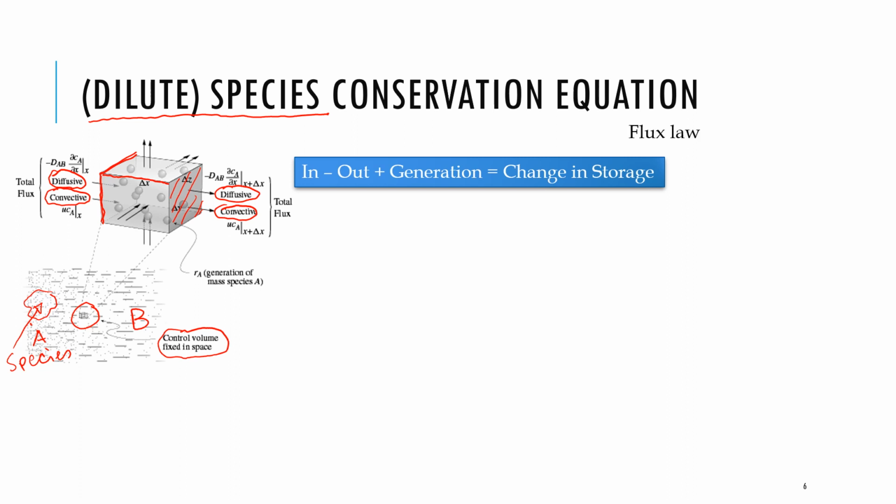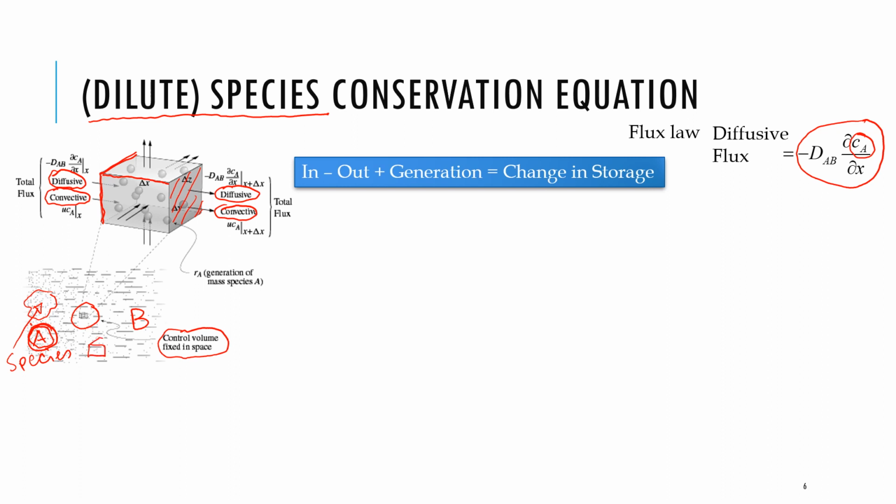Okay, so what are the fluxes? The flux law says diffusive flux, this is Fick's law, is minus the diffusivity times del Ca del x. So let's define the quantities. DAB is the diffusivity of this species A in B, and Ca is the concentration of species A at any place.